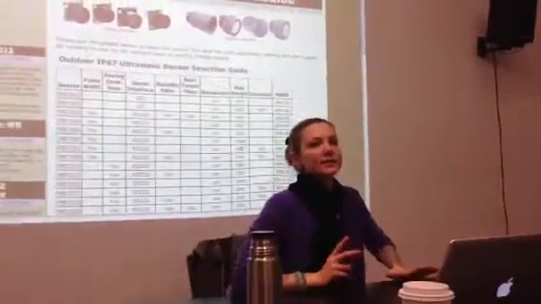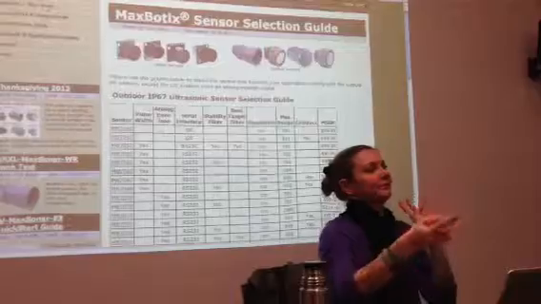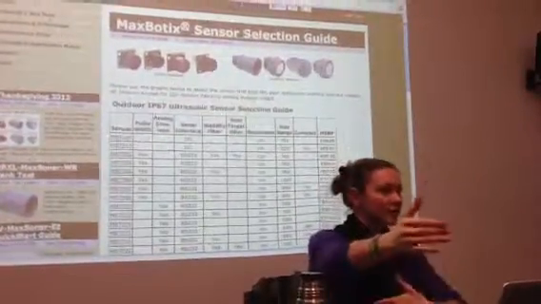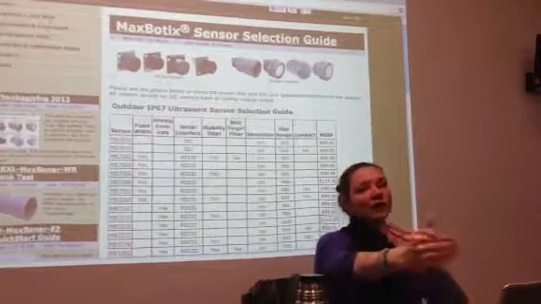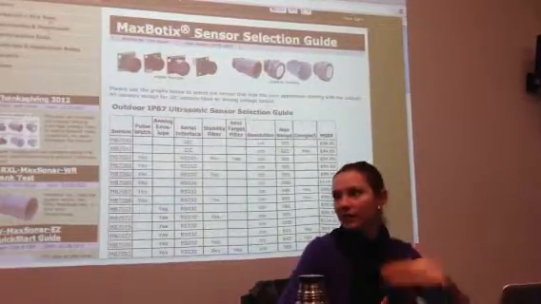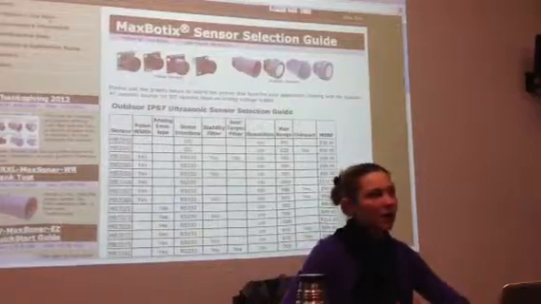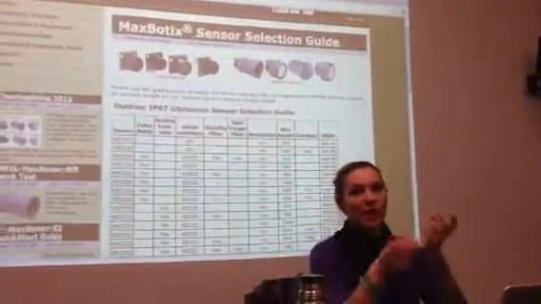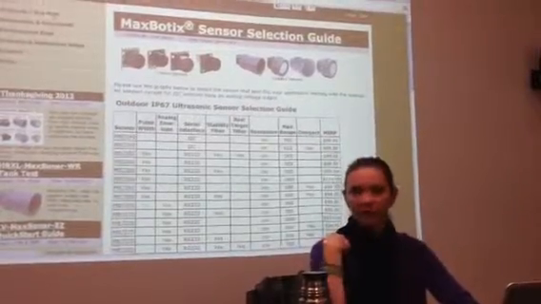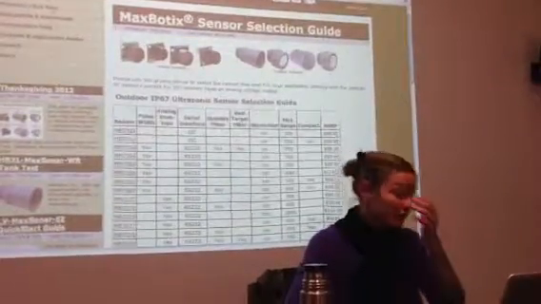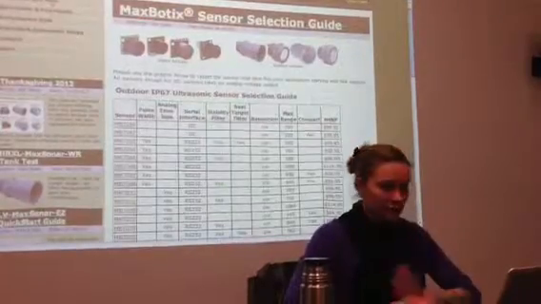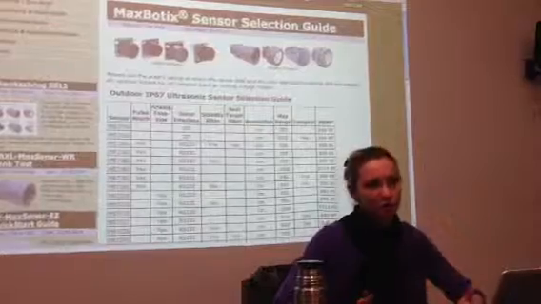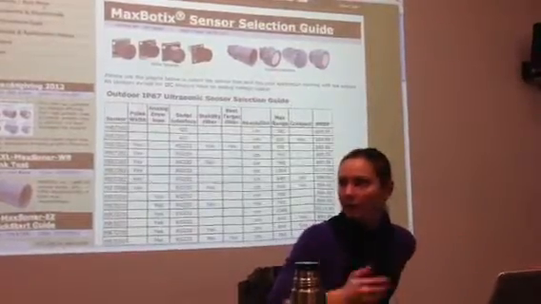It sends a wave, and when it bounces back, it calculates how far that object is from it and converts that into distance. So they're very responsive, and they have a bunch of electronics, so all it gives you is an analog reading that you can use to derive inches away.